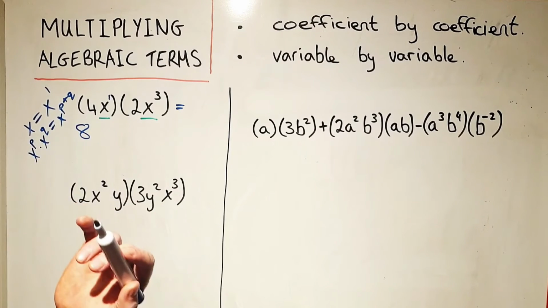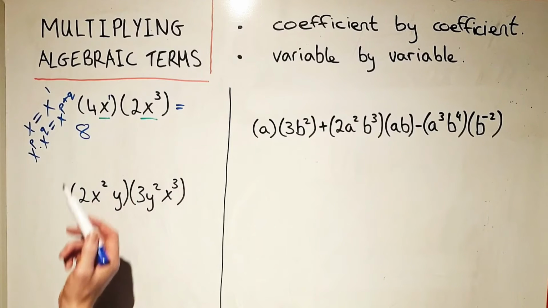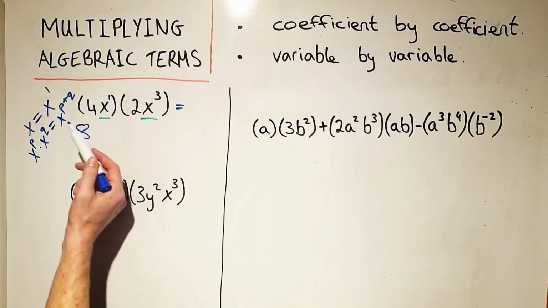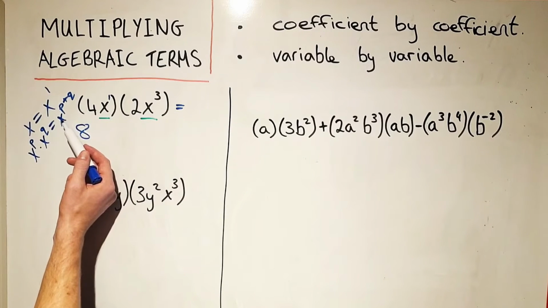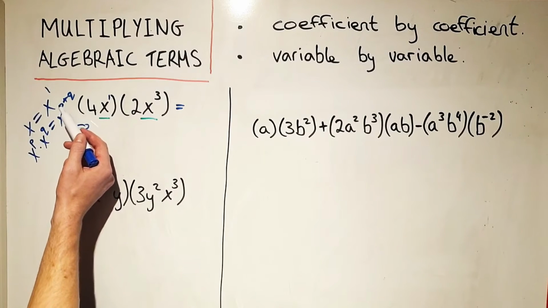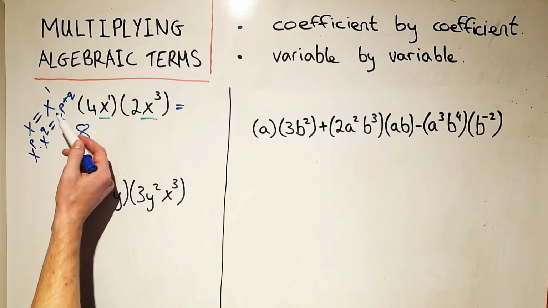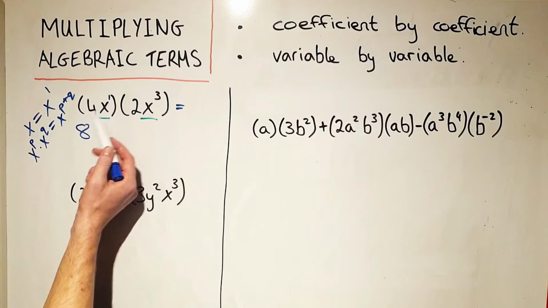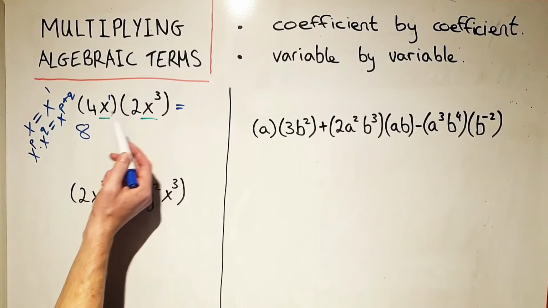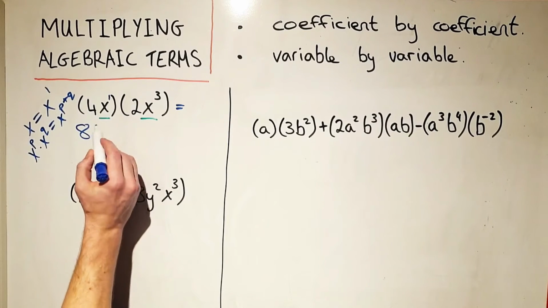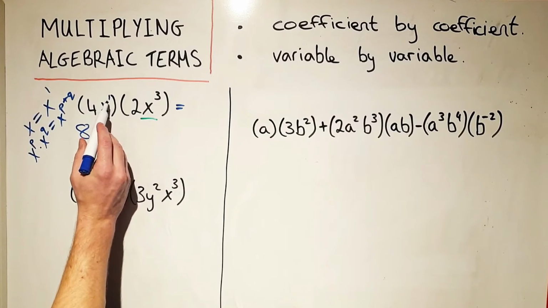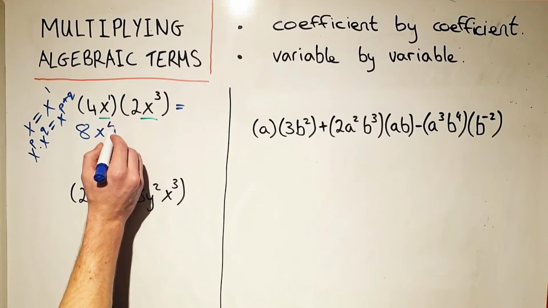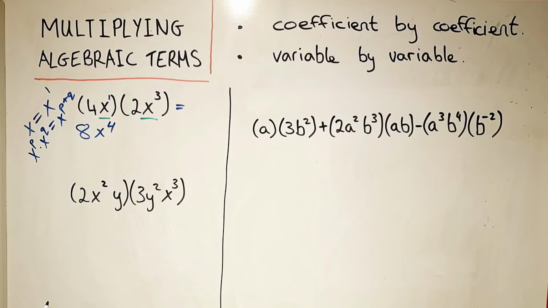P and q are just numbers, in this case 1 and 3. We keep the same variable x and add the powers, so it's p plus q. Remember p is 1 and q is 3, so we get x to the 1 plus 3, which is x to the 4th, and the multiplied expression is 8x to the power of 4.